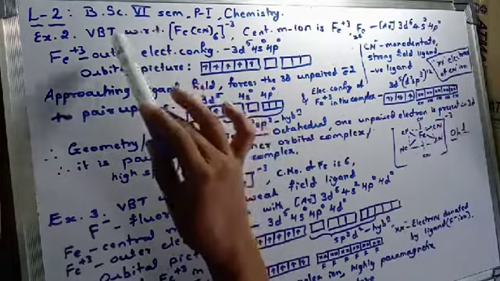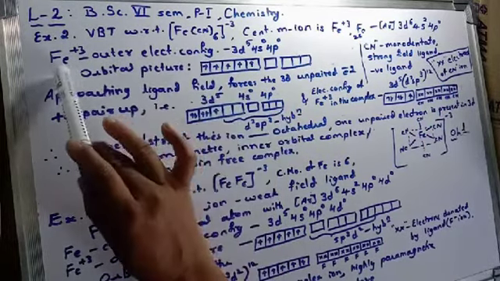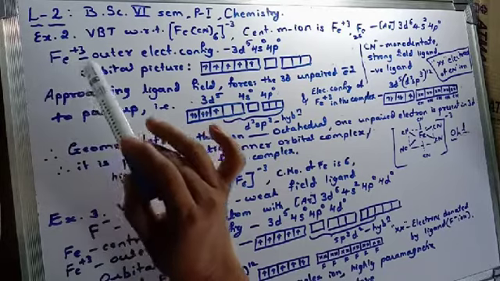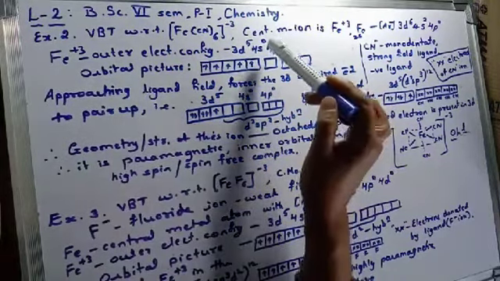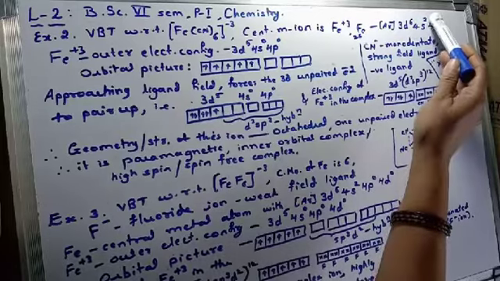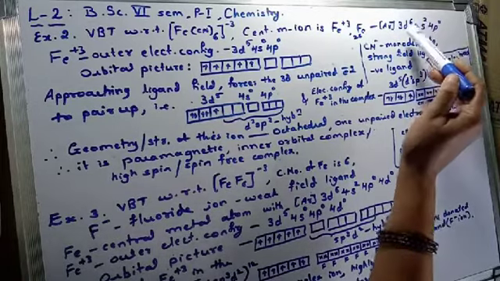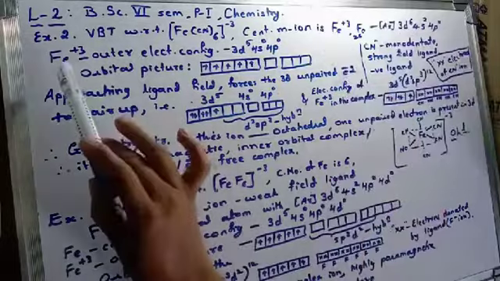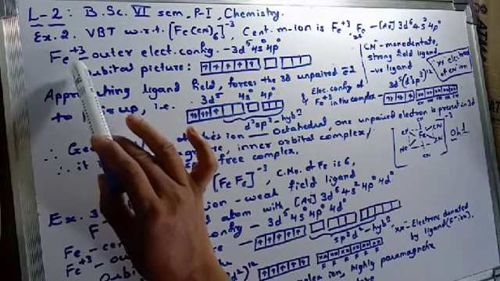But during the formation of this complex, the metal ion attains a stable oxidation state by losing 3 electrons. The 3 electrons are 2 electrons from 4s and 1 electron from 3d. So totally 3 electrons are lost to attain the stable oxidation state, that is +3.